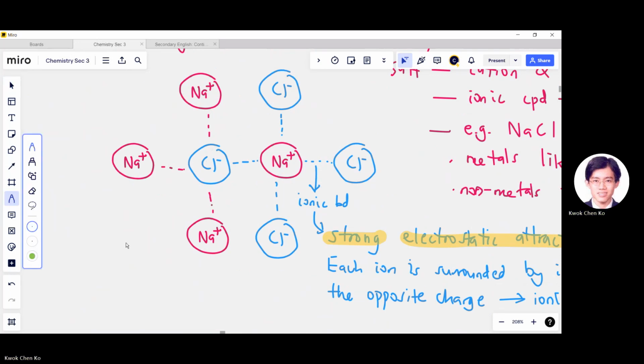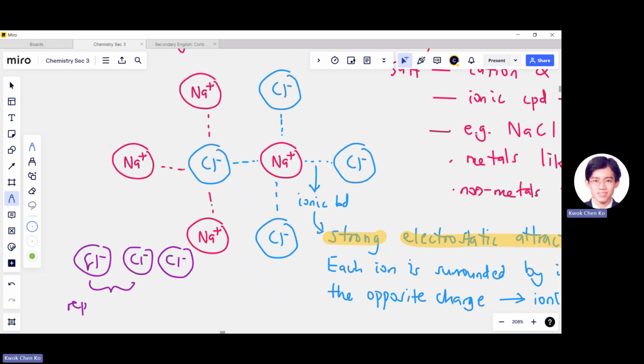Now, even though this is not likely to come up, imagine you have Cl minus, Cl minus, Cl minus. You're going to have a big problem. It's going to be repulsion instead. You won't have attraction anymore. You have repulsion instead. So the whole structure will just fall apart.